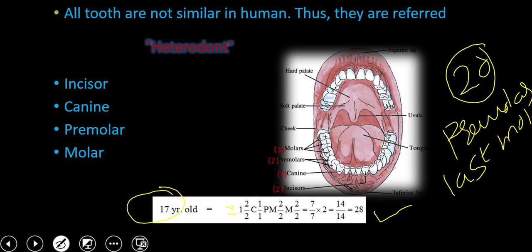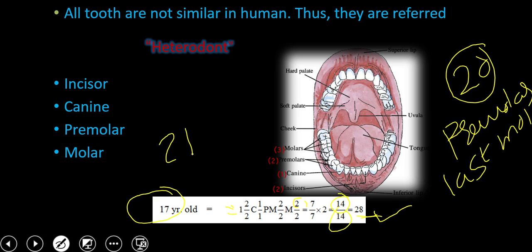Next, 17 years old. At the age of 17 years, the last molar does not appear. The last molar starts to appear after 18 to 26 years of age. So only two molars are present at the age of 17 years, so 14 by 14, that is 28 teeth are present. What is the dental formula at the age of 17 years?